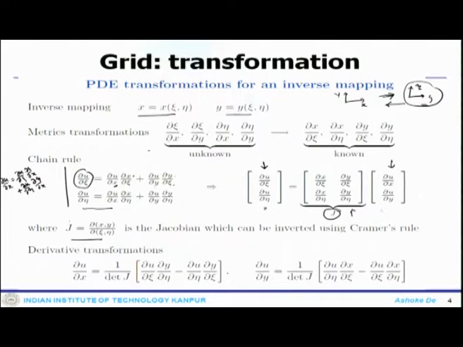You can always go back from this side to this side and this side to this side. In one case it is multiplied with the Jacobian, in the other case it is the inverse of the Jacobian. So, for example, for del u by del x, the Jacobian comes here and you get this term, and for del u by del y, the Jacobian comes here and you get this term. So, it is a very nice correlation.